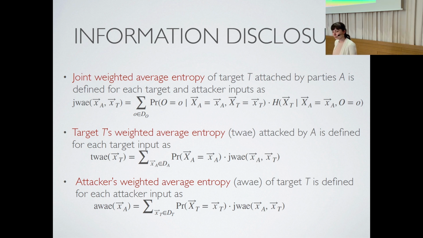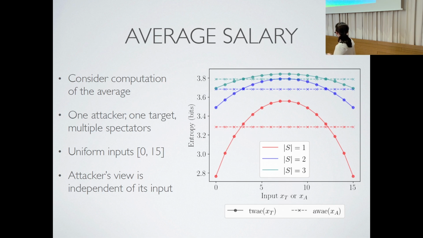All right. Now I'd like to move on to the case of the average salary computation that was inspired by the work done in the city of Boston. In that case, the city wanted to measure the pay gap by gender.